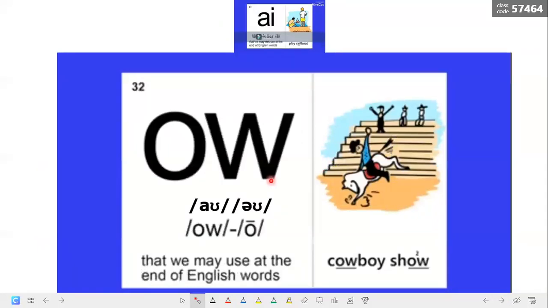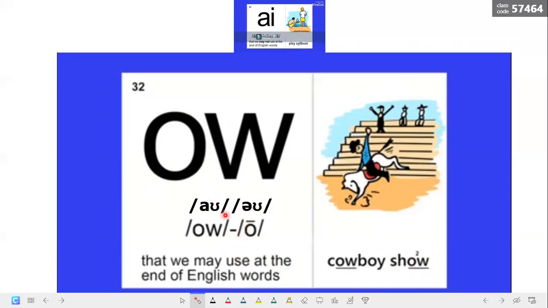Okay. Here we have 32, the letters O, W. This phonogram has two sounds. It's ow or oh. Ow, like the word cow. Oh, like show. Okay.